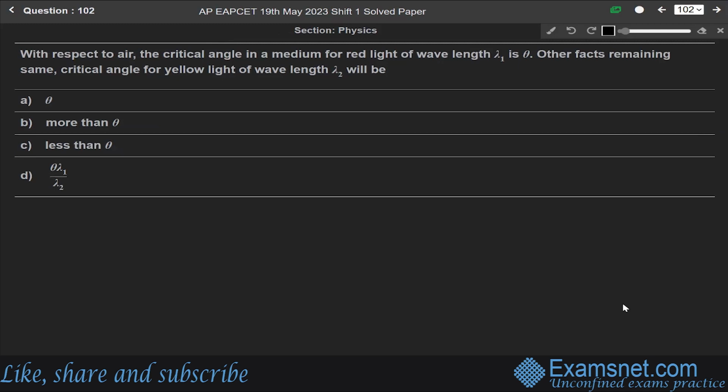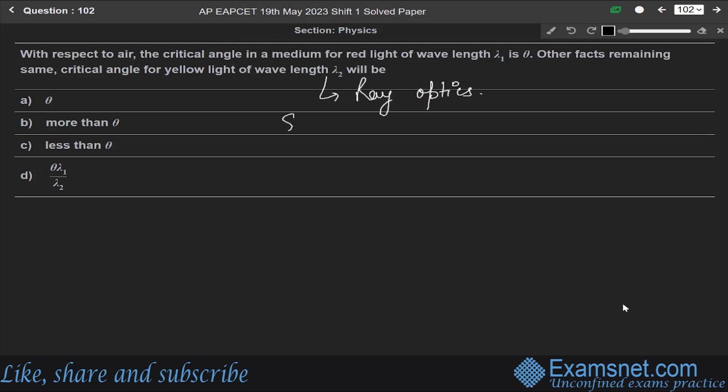So this question is from the chapter of ray optics, and it is asking about the factors that are responsible for the critical angle for yellow light of wavelength lambda 2.